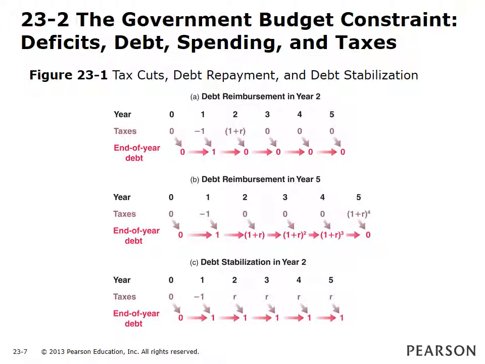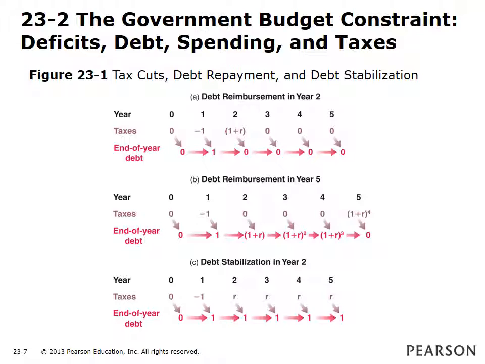Conclusions. 1. If government spending is unchanged, a decrease in taxes must eventually be offset by an increase in taxes in the future. 2. The longer the government waits to increase taxes, or the higher the real interest rate is, the higher the eventual increase in taxes must be. 3.